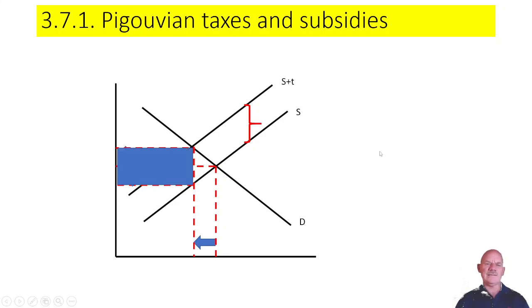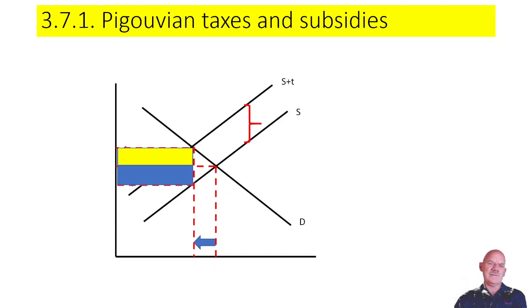This rectangle is the total amount of tax. The horizontal axis is the quantity produced in the new equilibrium, and the height of the rectangle is the size of the tax per unit. So if you multiply quantity by tax per unit, then you get the total tax revenue by the government, and we can divide that into two parts.